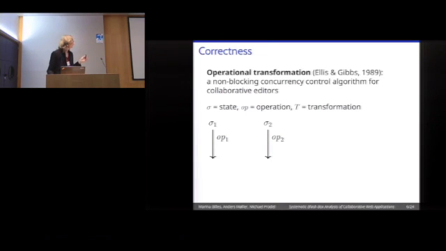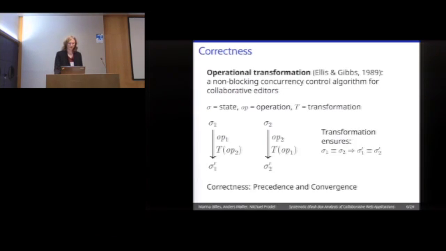So in this, we have two input states, sigma 1 and sigma 2, and we have concurrently performed operations, operation 1 and operation 2, on those clients. And then in order to synchronize those, there's a transformation function so that operation 2 gets transformed to be performed on state sigma 1, so that we get an output state sigma 1 prime.